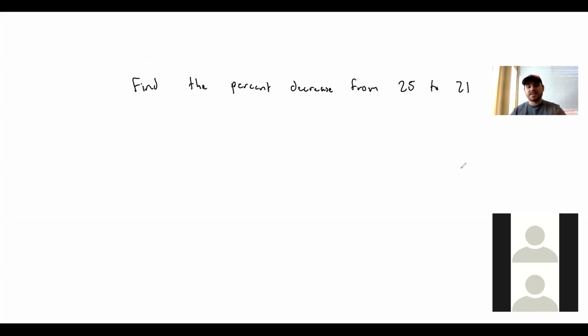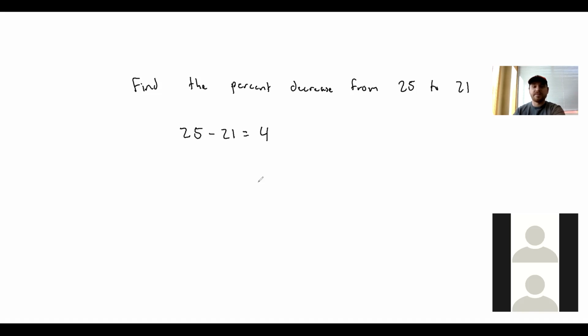Now, this time we're going to do basically the same thing. So what was our first step? 25 take away 21. Yep, 25 take away 21. Exactly. So first we want to find the difference, and we do that by subtracting. So 25 minus 21, which is 4. So that's our amount of change, our amount of decrease.